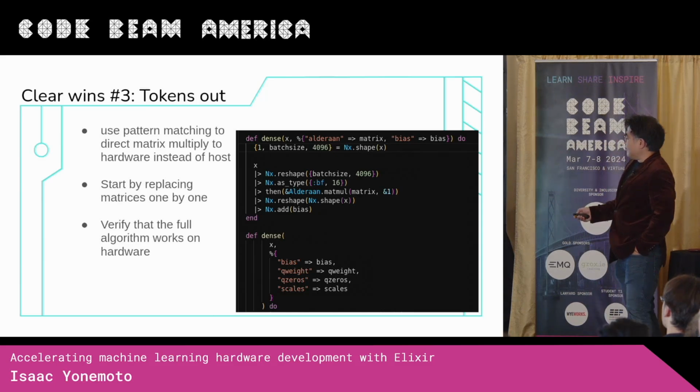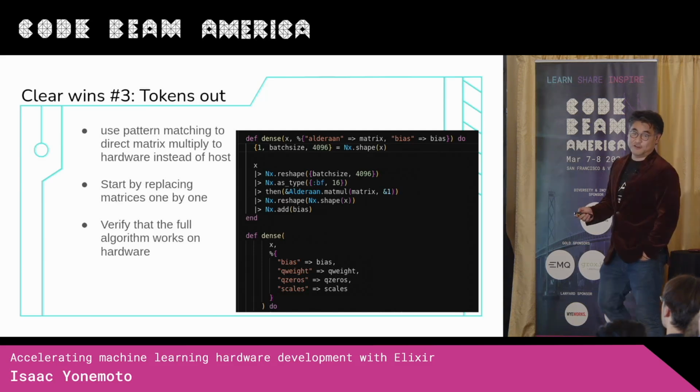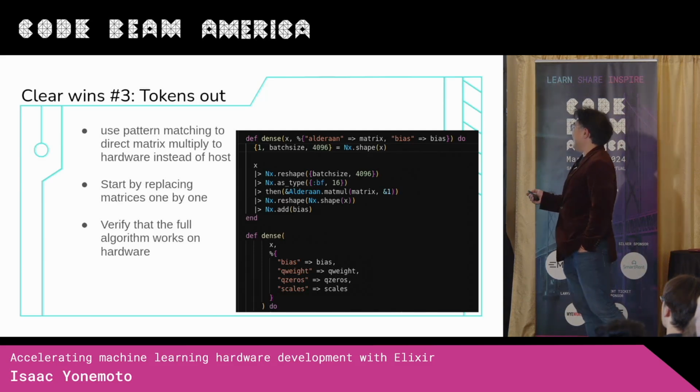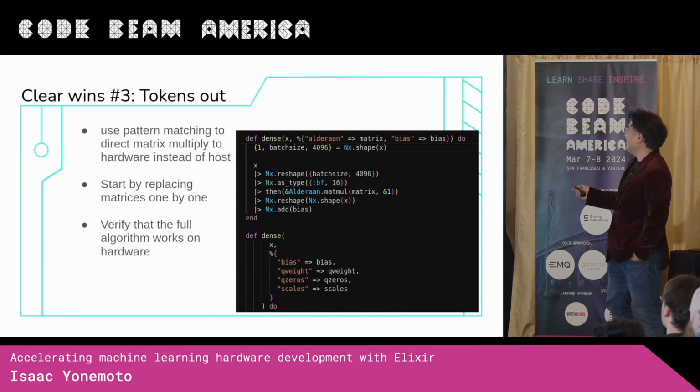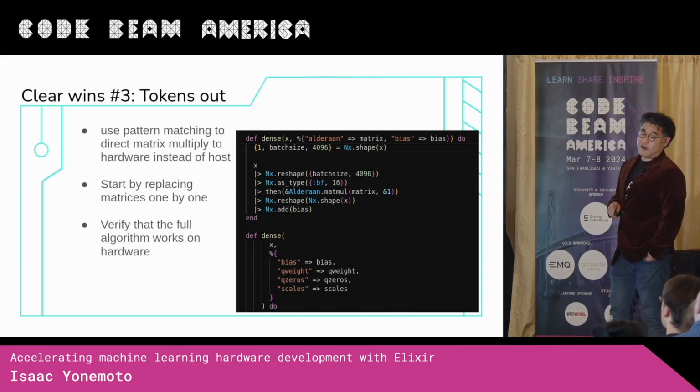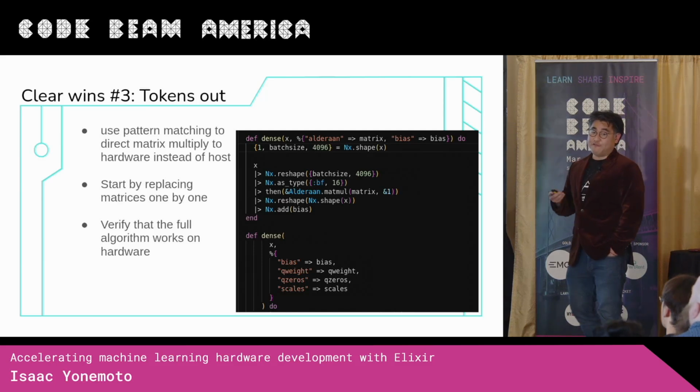So the CPU implementation is here, and I cut that off because it's actually kind of complicated relative to the hardware version, ironically enough. But this is literally the code that takes a vector that is supplied to a dense matrix and multiplies it by a matrix that's stored in our hardware. And then, based off of this, we were able to verify that the full algorithm worked on our hardware.